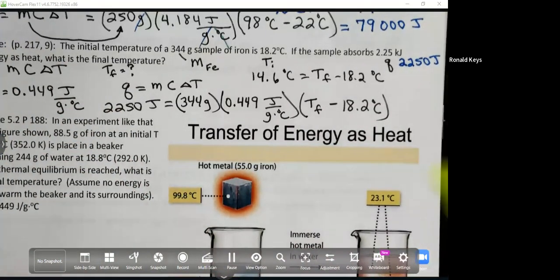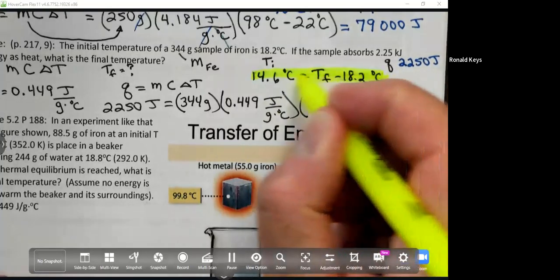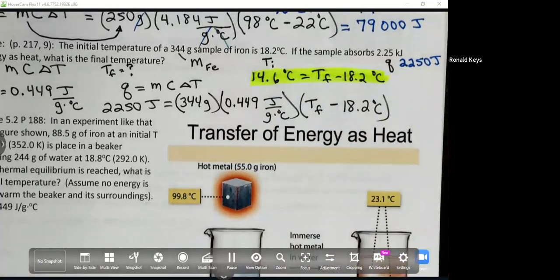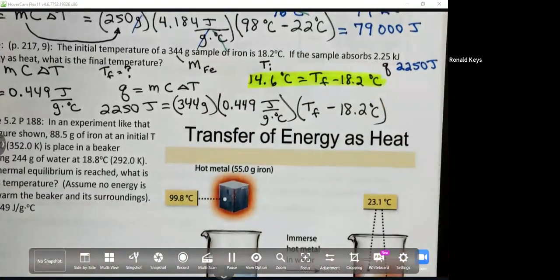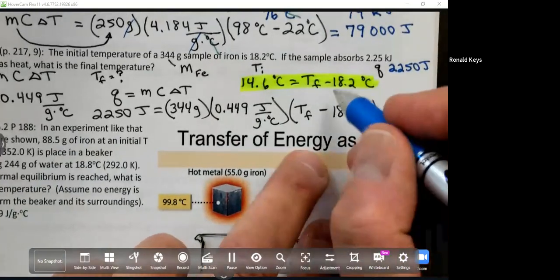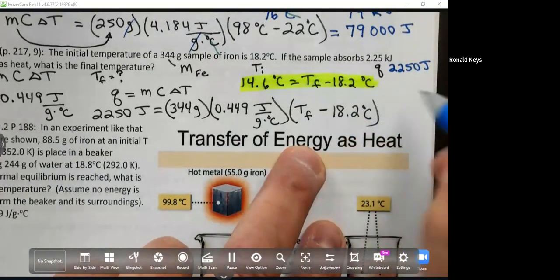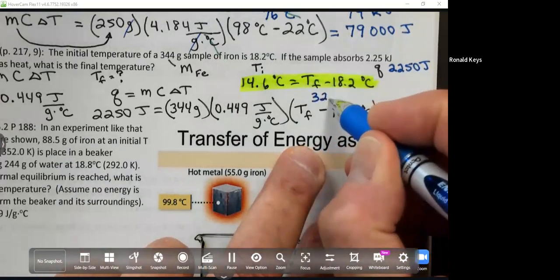Then if we add 18.2 to both sides, we're going to get T final here: 32.8.